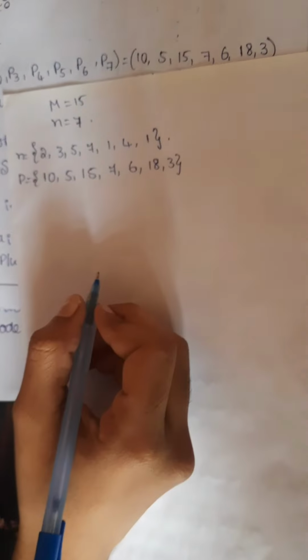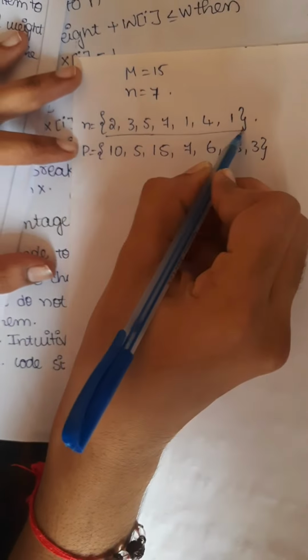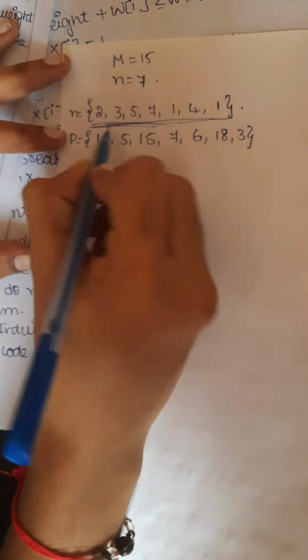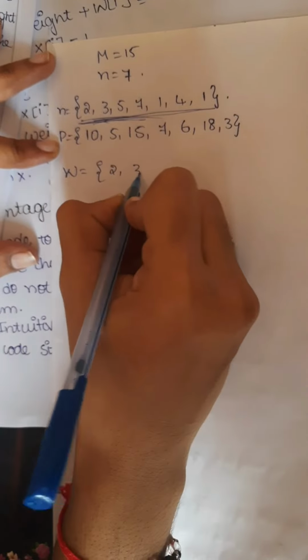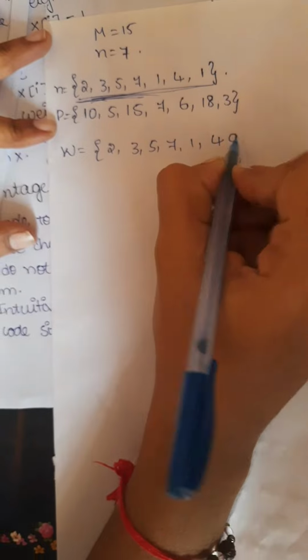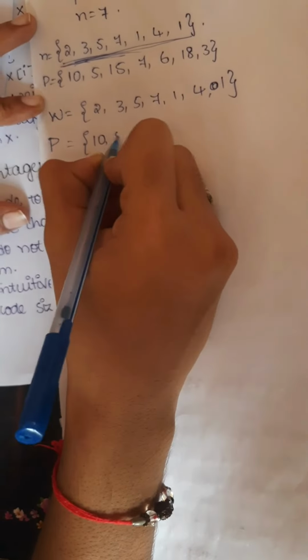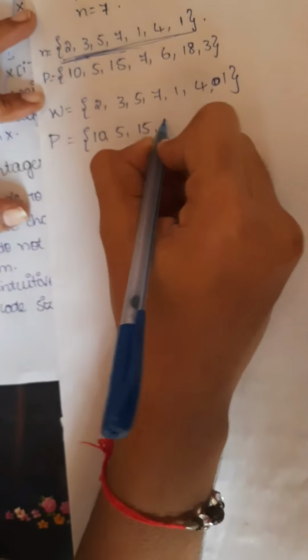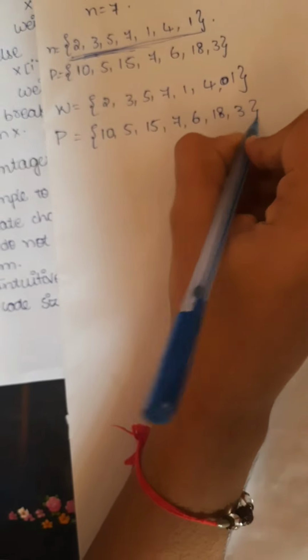Now let us see the knapsack problem, how the process will be done. So these are the weights of the objects. Let us assume that W is equal to 2, 3, 5, 7, 1, 4 and 1, and the profits for these are 10, 5, 15, 7, 6, 18 and 3.